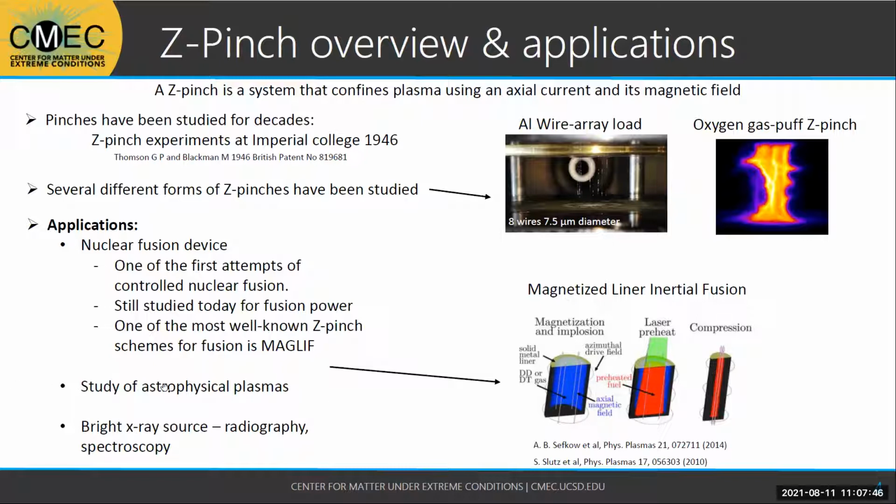They're also used to study astrophysical plasmas because you can reach parameter spaces similar to astrophysical conditions. And they're also a very bright X-ray source if you set it up right. That can be used for a lot of different applications, like radiography or absorption spectroscopy.